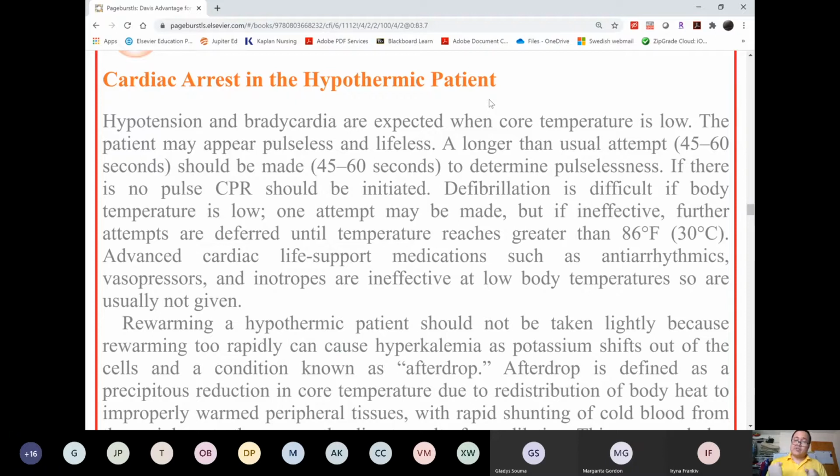Every time you're doing chest compressions, what you're circulating is poorly oxygenated cold blood, because when the hemoglobin is not at optimal temperature, it cannot hold on to oxygen. So you continue CPR until the patient is warm. Does that make sense? Yes, okay. They're not dead until they're warm and dead. So until then, you continue CPR. Only for hypothermia, okay? In general CPR, they're warm to begin with, so they're dead when they're dead.